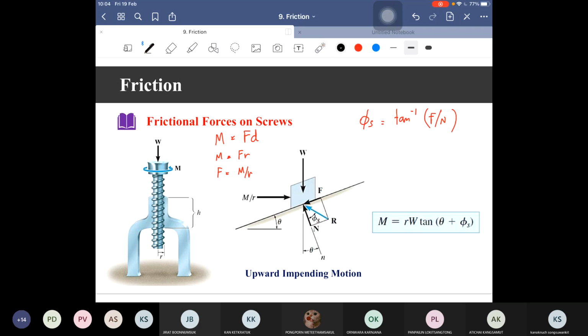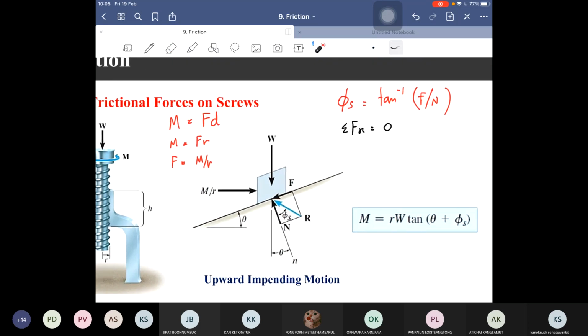Okay, now next, let's set up the equilibrium system. Sigma Fx equals 0, sigma Fy equals 0. For example, let's see Fx. For Fx, we have M by R acting to the right. And the force acting in the other direction is F, right?